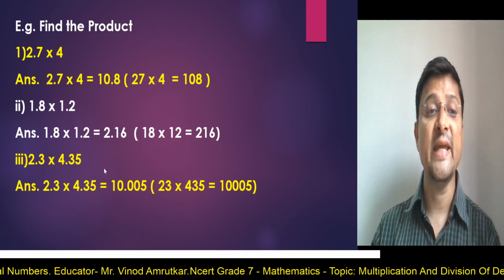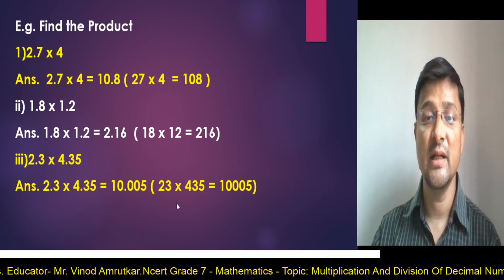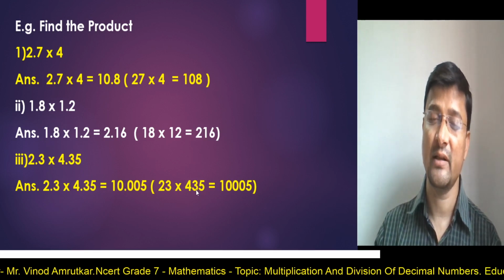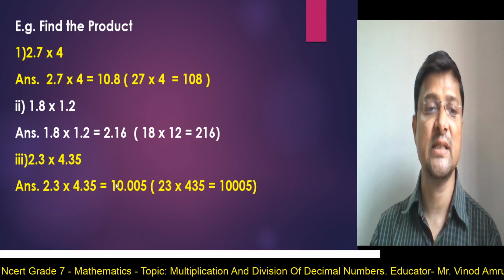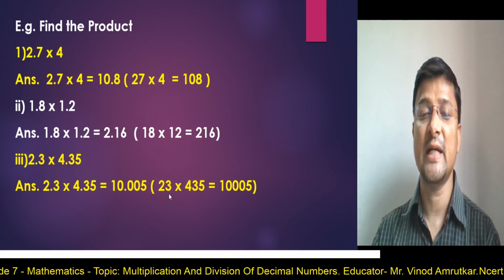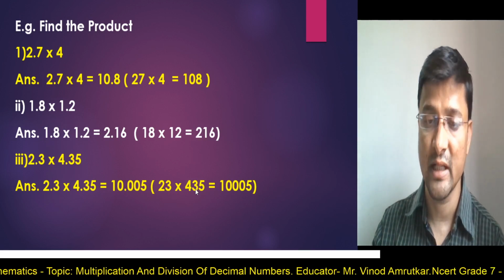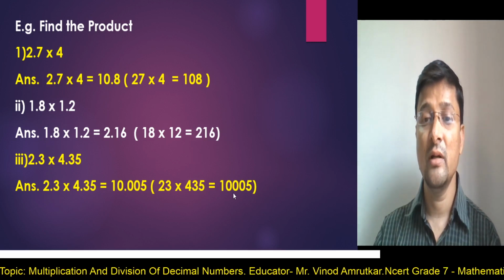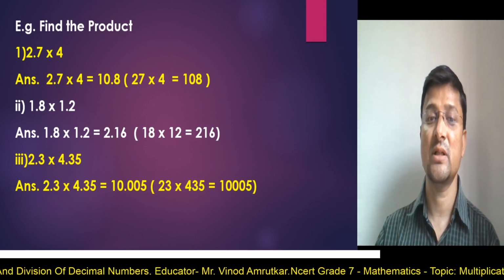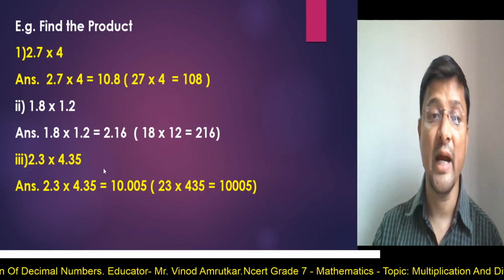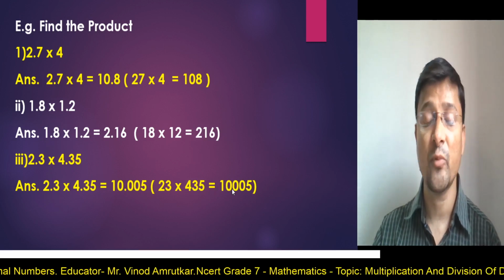So now we actually multiply first 23 and 435. We ignore the decimal points, and we actually multiply 23 and 435. The product is what? The product is 10,005, and now we have to put the decimal point here.